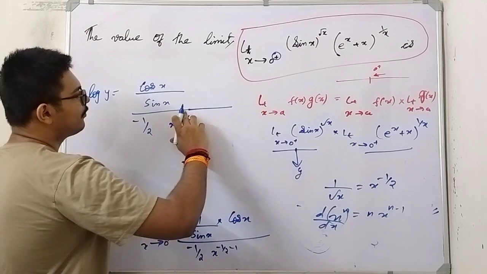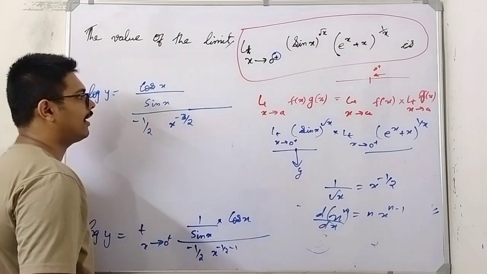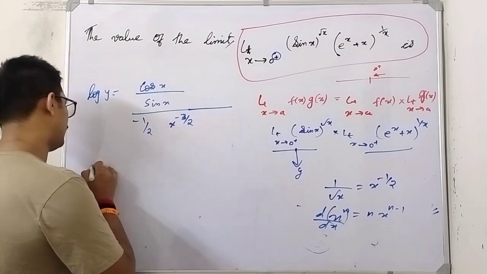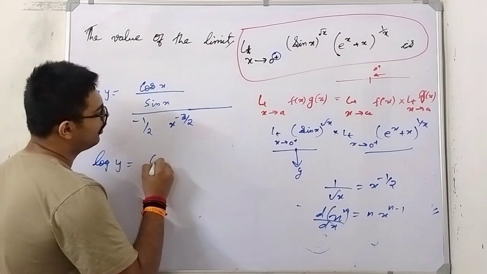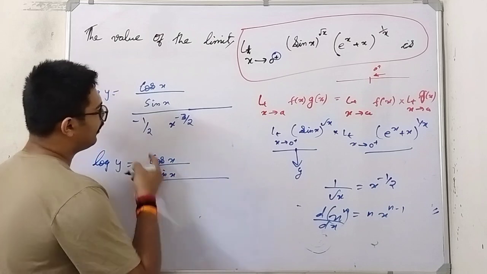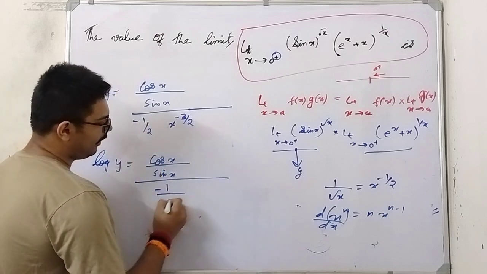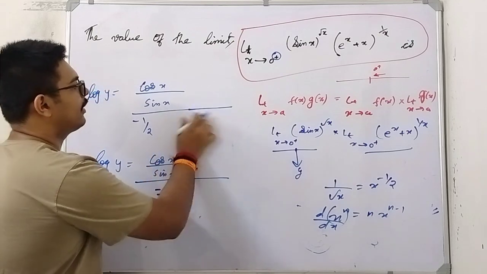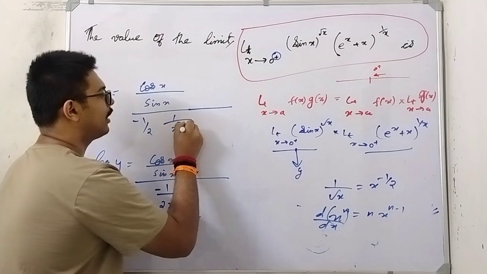So log y is equal to cos x divided by sin x divided by minus 1 by 2 x raised to 3 by 2, which means x raised to minus 3 by 2 you can write as 1 by x raised to 3 by 2.